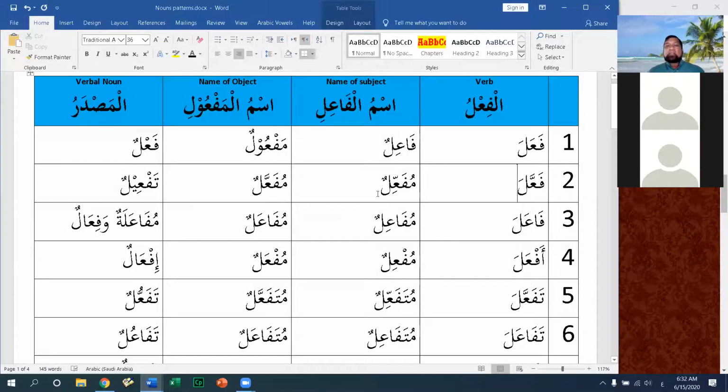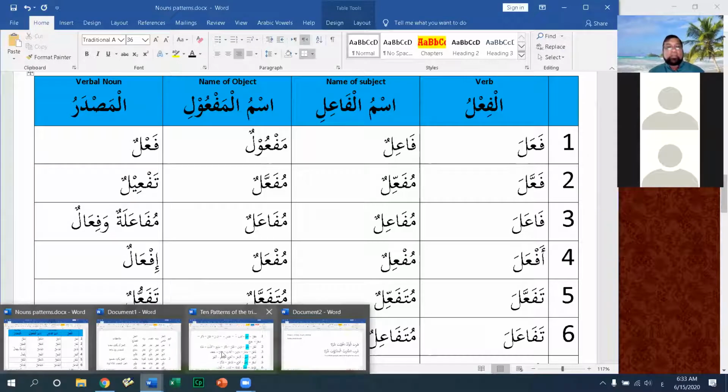Ismul fa'il is mufa'ilun. Ismul maf'ul is mufa'alun. So the ayn has a kasra in ismul fa'il, and the ayn has a fatha in ismul maf'ul. And the masdar is on the pattern of taf'il.